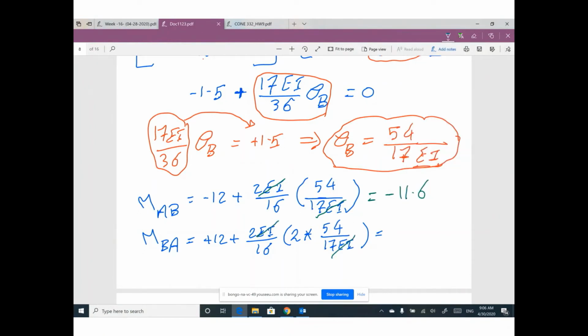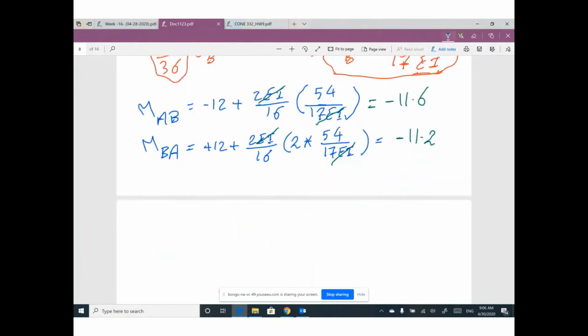Your final answer will be negative 11.2. Keep walking. We still have two more.